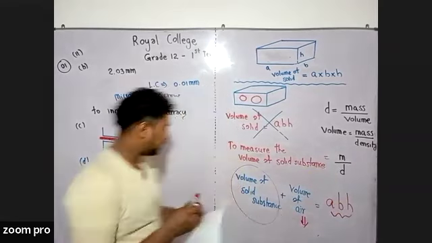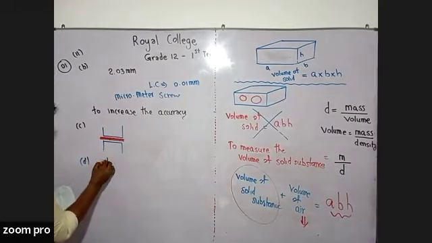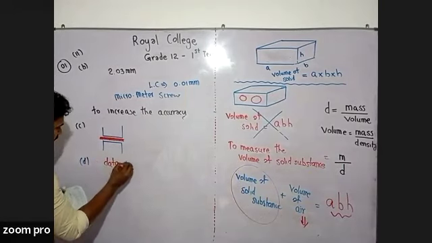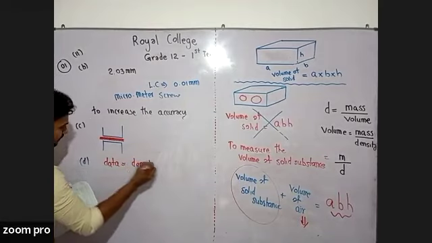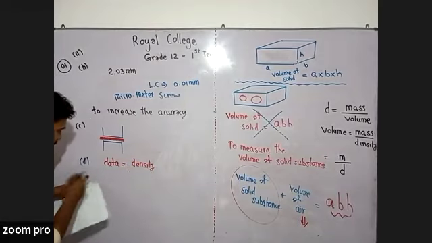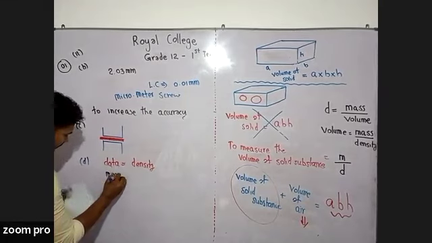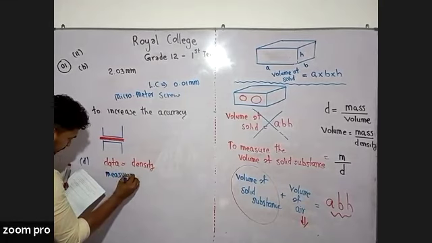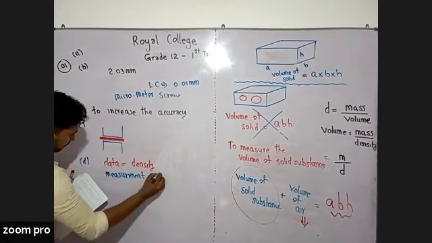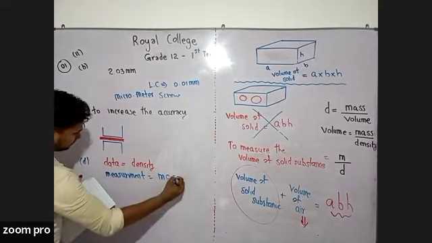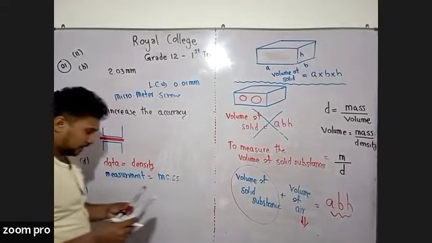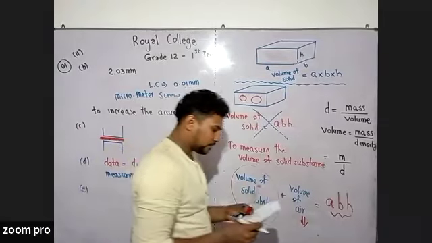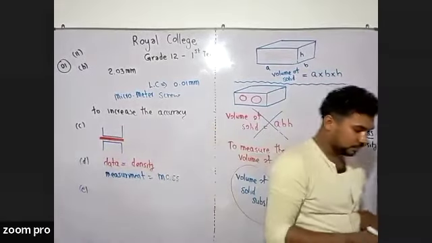The data should be the density, because no density is given, and the measurement is mass. Write down the suitable laboratory instrument needed to obtain the above extra measurement.